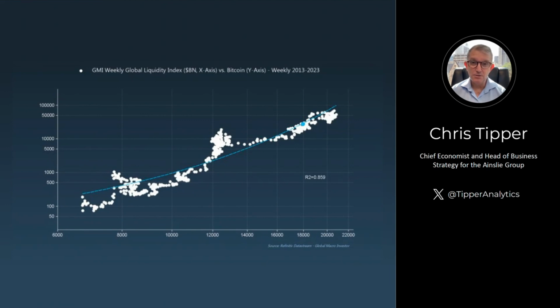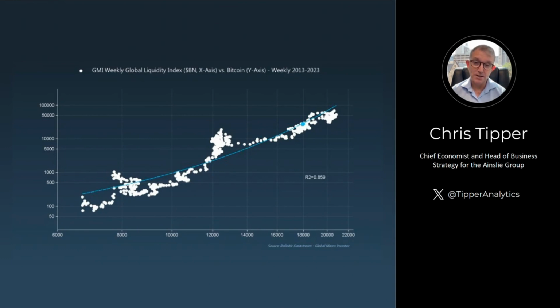And in this particular analysis that's on the screen at the moment of the relationship between global liquidity and Bitcoin, which was completed by Raoul Pal, we get a correlation of 86%, which is very strong and very significant. And it's even more compelling, this analysis, when you realize that the correlation would be even higher if it wasn't for the exponential upside spikes, which is, as I said, based on where we are in Bitcoin's adoption curve.